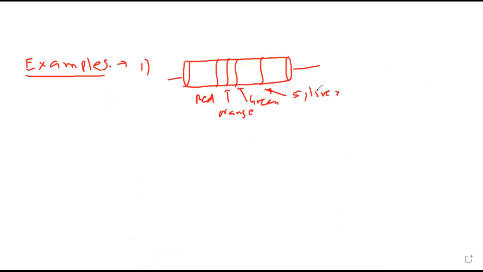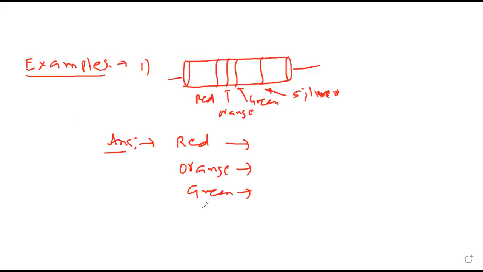I want the value of this resistance. Answer. By color code, red stands for which digit? Just check which digit it is. 2.